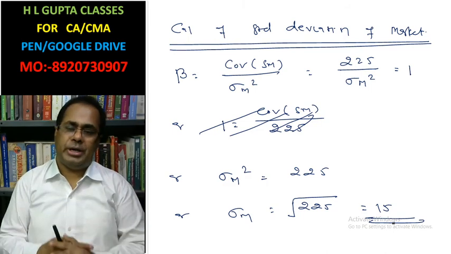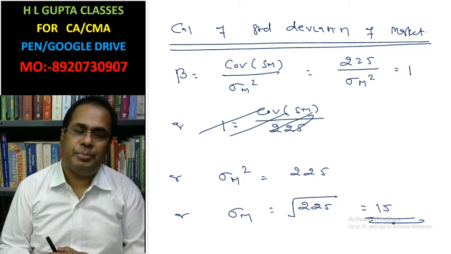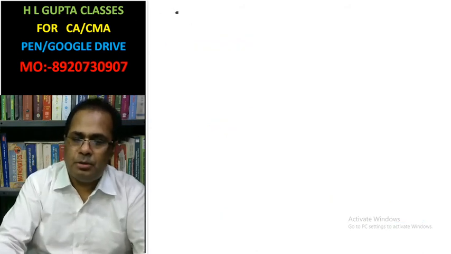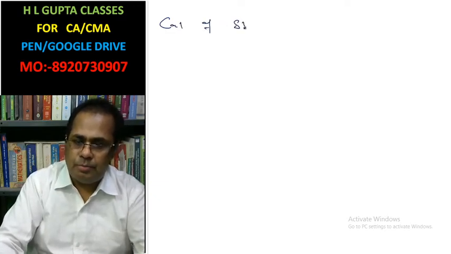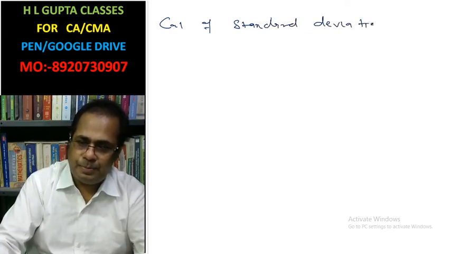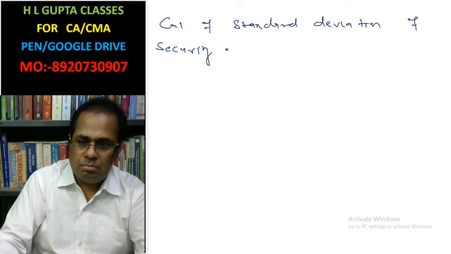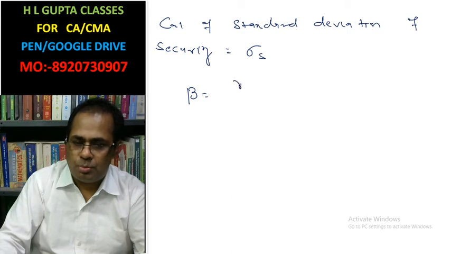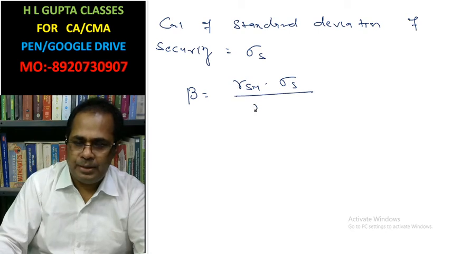Now you have to calculate the standard deviation of security. You can calculate by using the value of beta as well. Calculation of standard deviation of security. Beta equals coefficient of correlation of security and market times standard deviation of security divided by standard deviation of market.